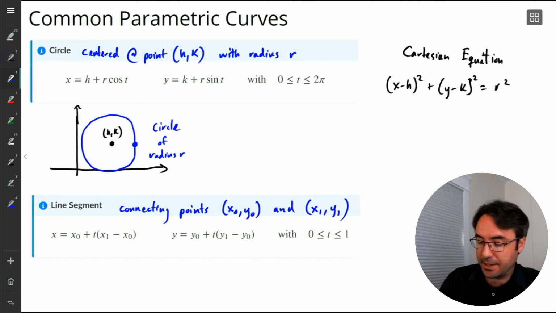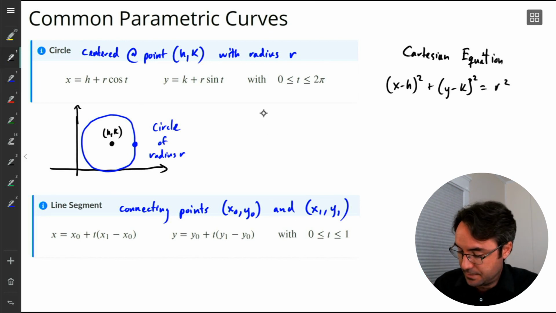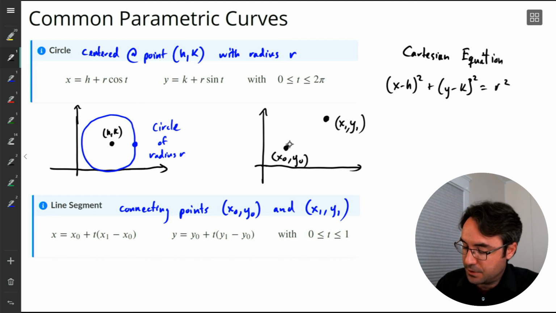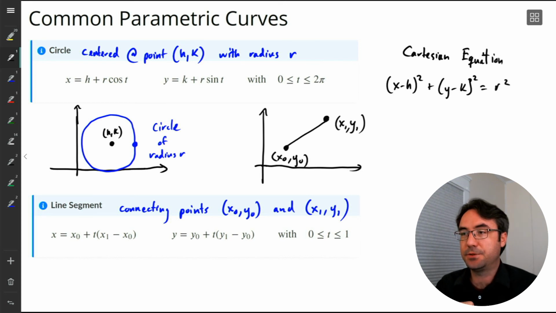So what does this look like? We have 2 points, x0 comma y0. Maybe we have another point, x1 comma y1. And we're just looking at the line segment connecting those 2 points.